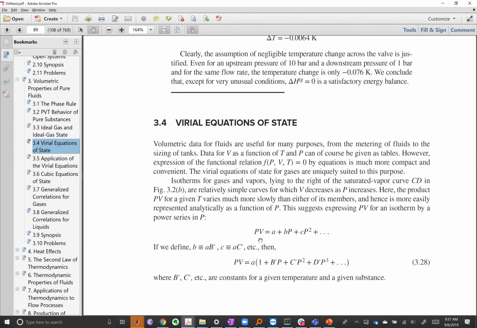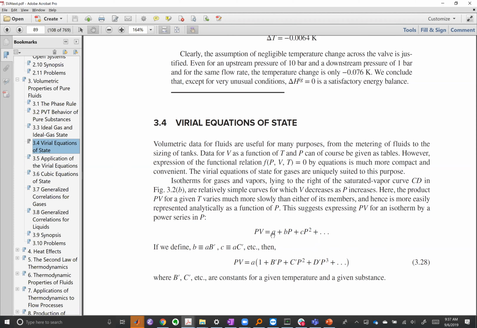And the general idea there is if you look at the PV product, rather than just saying it equals RT, you do a power series expansion, just like you do in calculus. And we don't know what all the coefficients are, ab initio anyways. We know that the constant term is probably going to be RT, right?